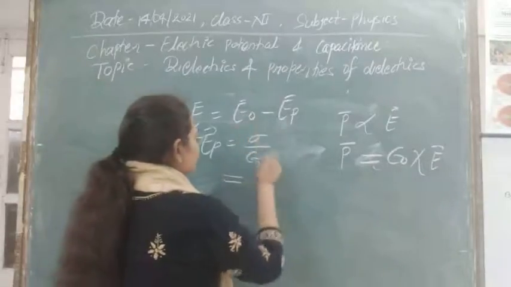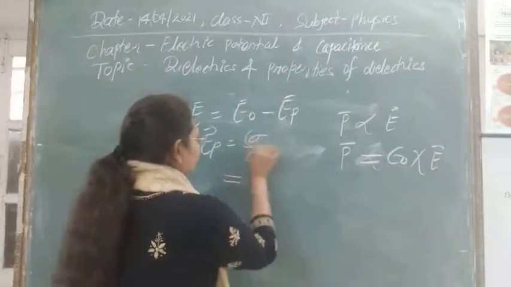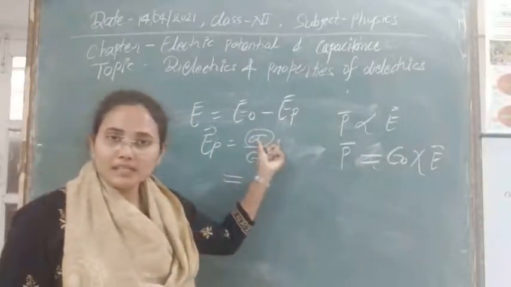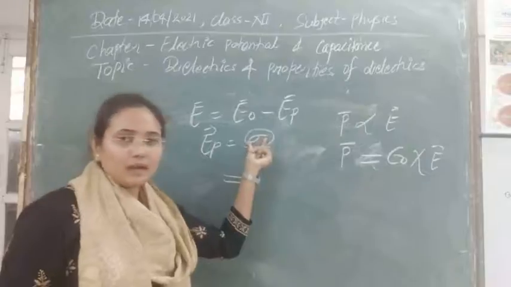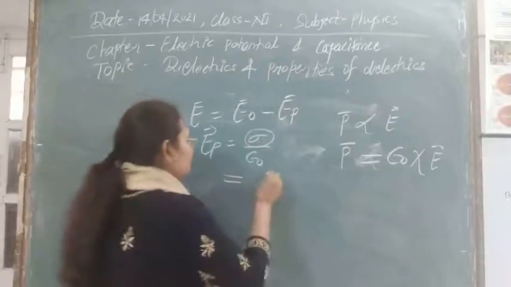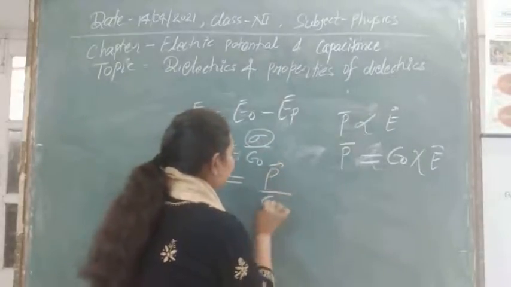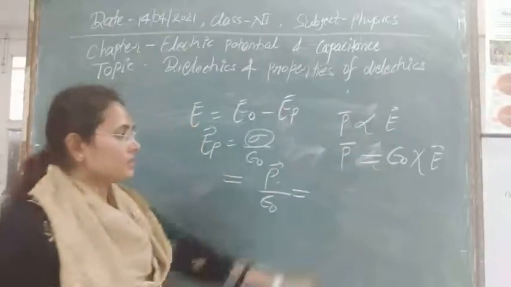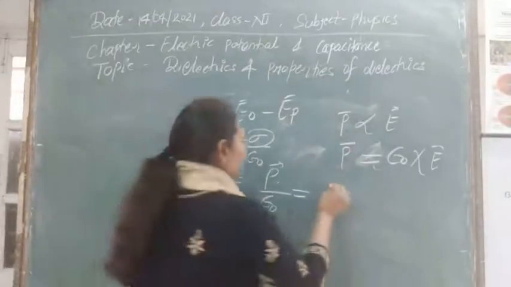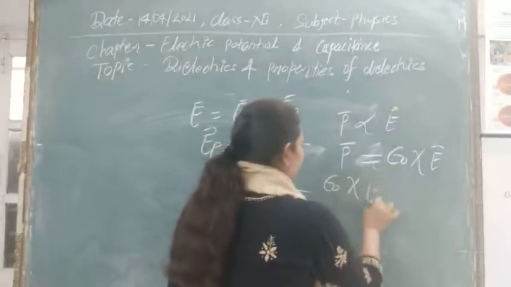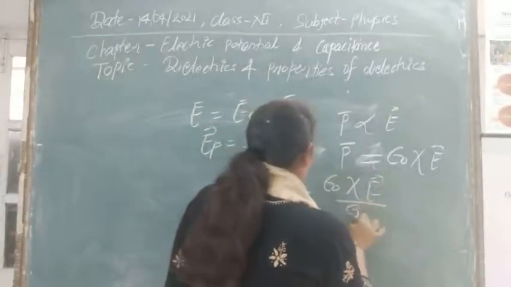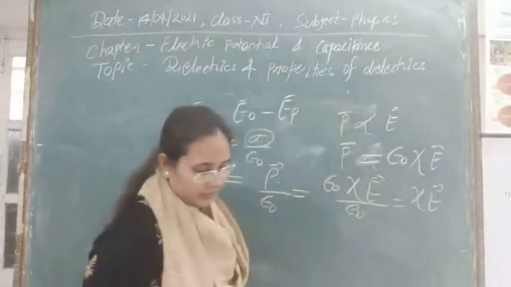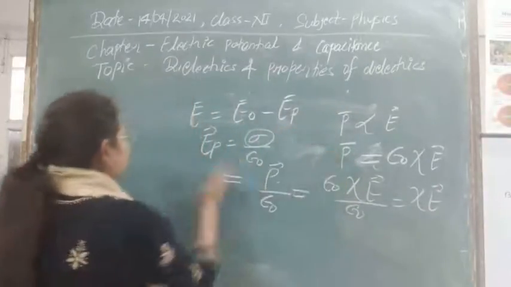As we have derived, polarization density is equal to the charge density, so we can write P is equal to sigma. And the value of P we have derived in terms of electrical susceptibility: epsilon 0 times E upon epsilon 0, so this is equal to chi into E. Let's put its value here.